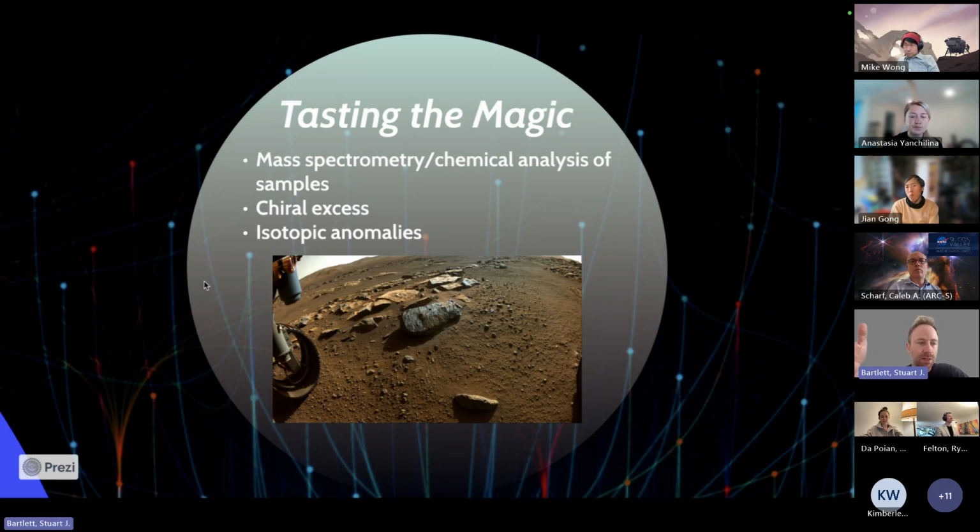Other possibilities which are a bit less direct are things like chiral excesses. Now, as we know, life prefers particular chiralities of molecules. So, for example, all amino acids that life uses on Earth are left-handed amino acids. And in general, the world of chemistry, not the world of biochemistry, but the sort of blind world of chemistry, pays no regard to chirality.